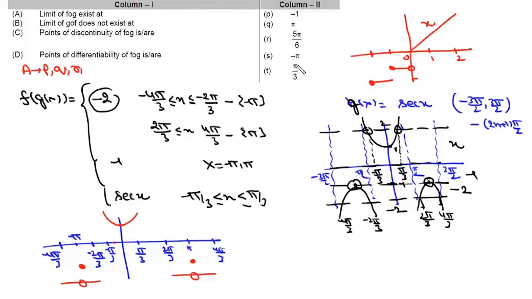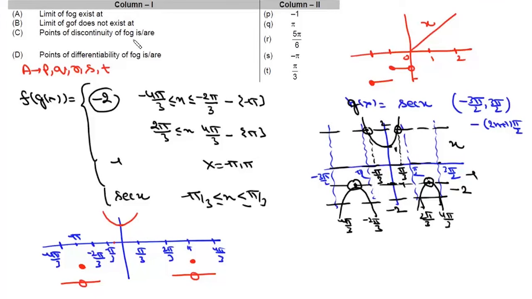And then at minus pi also will be this s, and at pi by 3 we have a defined left hand limit but a non-defined right hand limit, and if a limit is defined only on one side, then too this limit is defined. So it will be p, q, r, s and t.